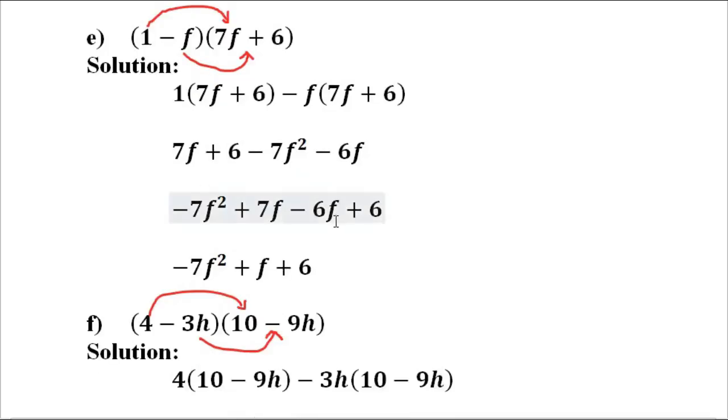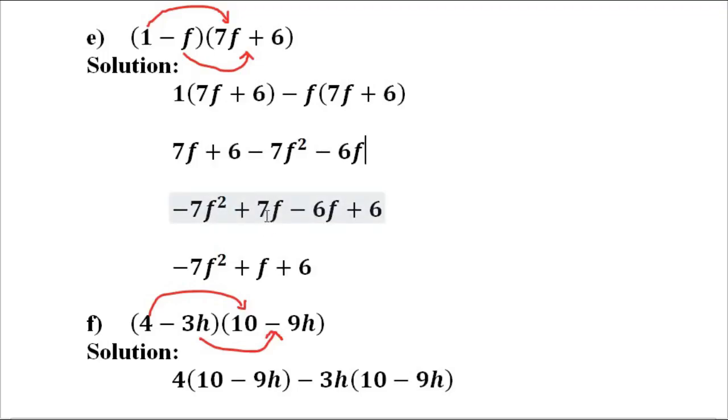To find like terms in this expression, I'm going to arrange the expression by putting all of the like terms right next to each other. We have negative 7f squared, positive 7f, negative 6f, positive 6. Now let's identify any like terms in this expression.